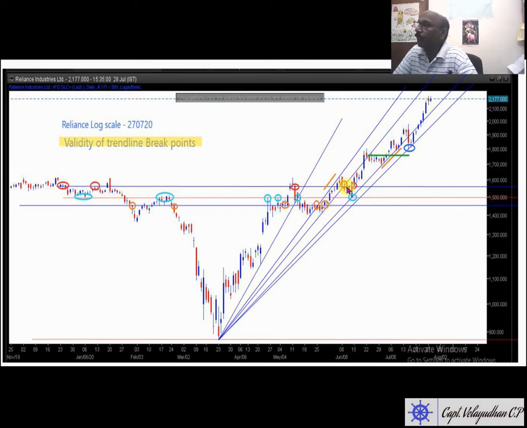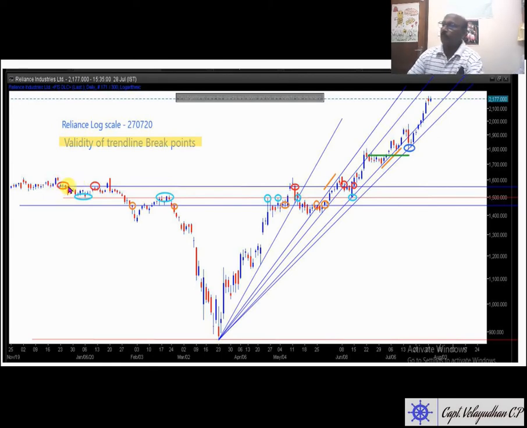Once it broke here, this line acts as support. This candle is taken exactly on the point, and here it is shown as a resistance. On the left hand side, the same line was showing resistance, and here it was showing resistance, and here too.